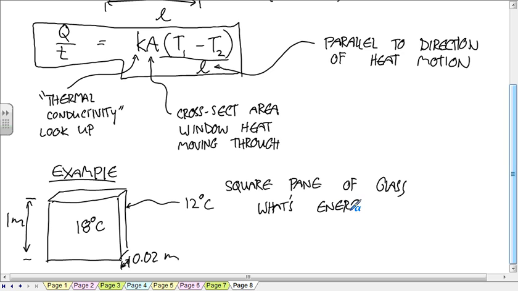What's the energy loss per hour? So heat is going to travel from the 18 degrees Celsius side to the 12 degrees Celsius side. Now this is a case where we have to figure out what area we're dealing with. Which of these dimensions is going to let us calculate that cross-sectional area?